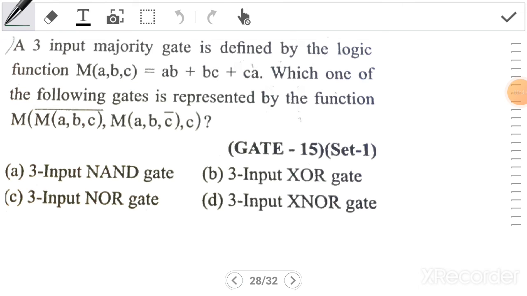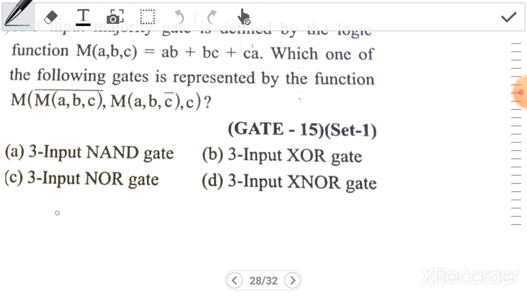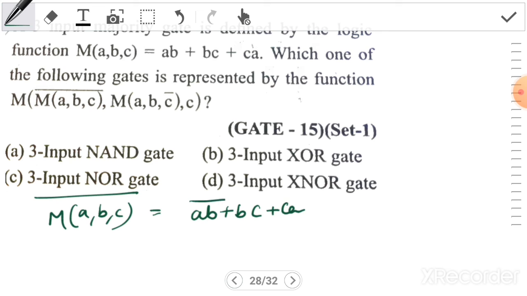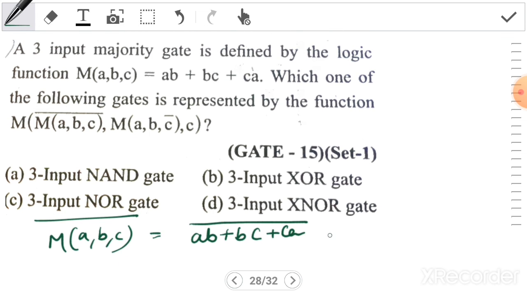So let us find M of A B C complement, which is AB complement, BC complement and CA complement.